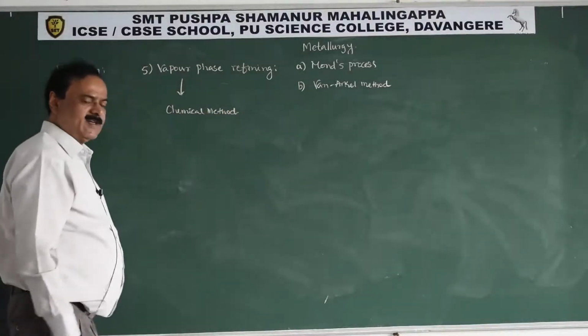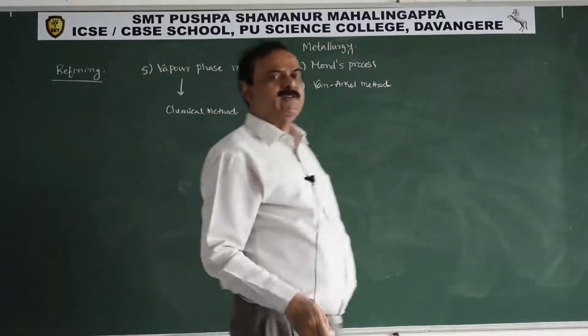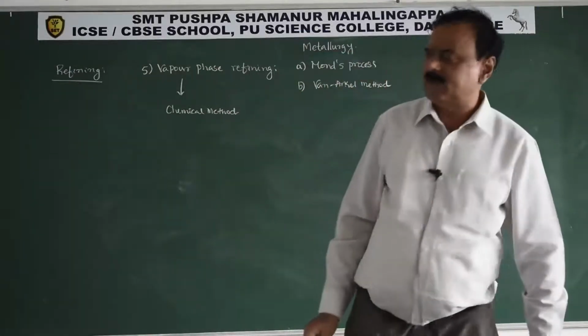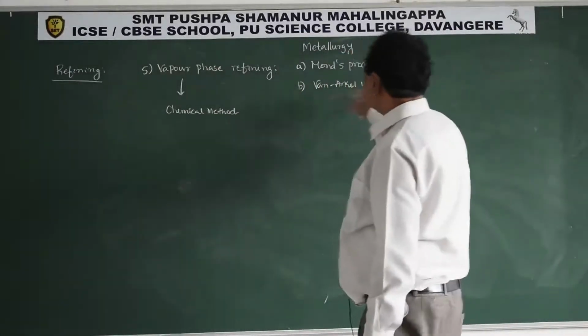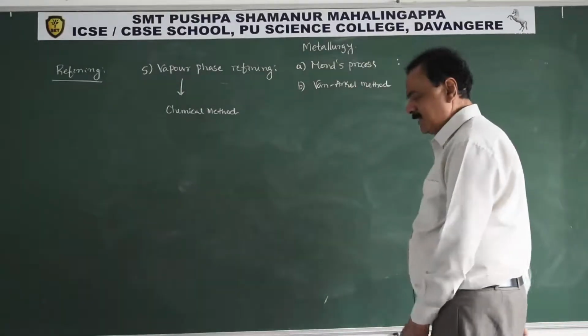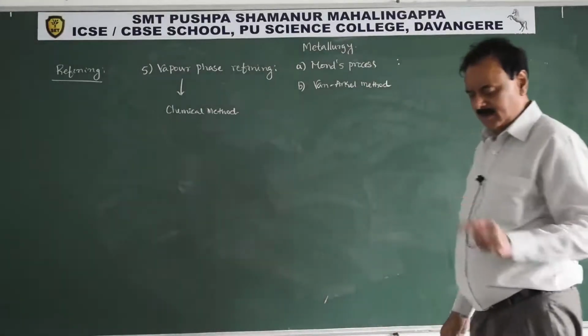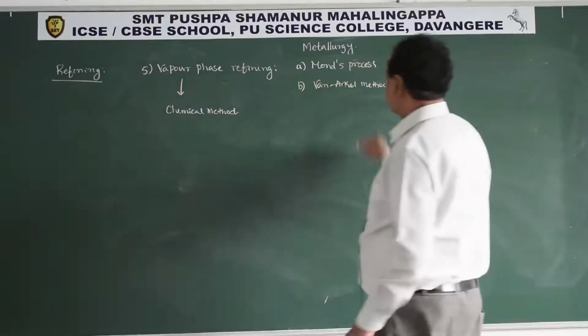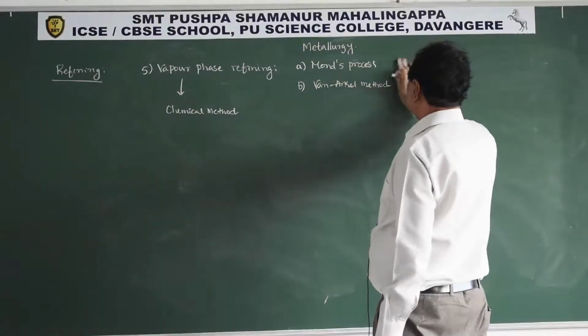Vapor phase refining is one of the chemical methods for the purification of metals. Depending upon the nature of the metal and the nature of the ligands or chemicals used, it is again divided into Mond's process and the Van Arkel method.